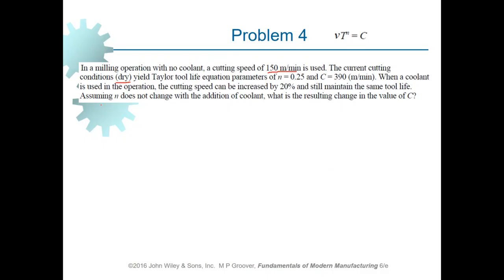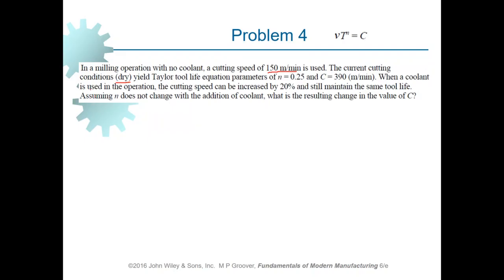There are issues with contamination of the coolant and its disposal, so many companies these days prefer dry machining, so that they do not face the problem of getting rid of contaminated coolant material. So it's a very popular method these days.